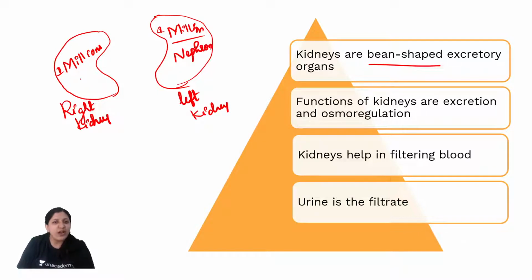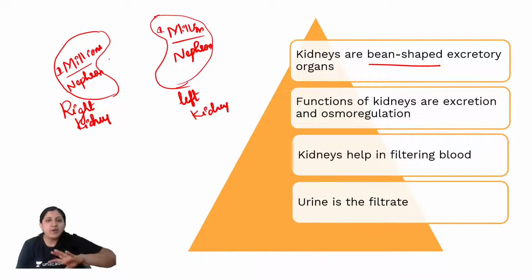It is not just 1 or 2 nephrons that are present. So millions of nephrons, or kidney tubules, or uriniferous tubules, or renal tubules. Different names are there, and don't get confused between the names, because all these names are the same for the nephron itself.